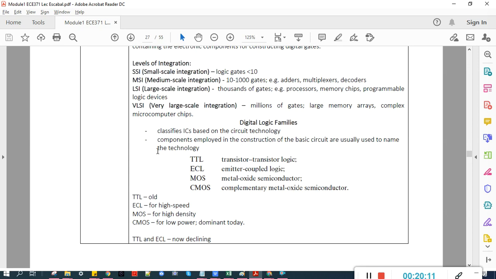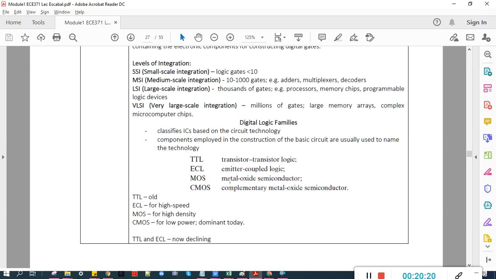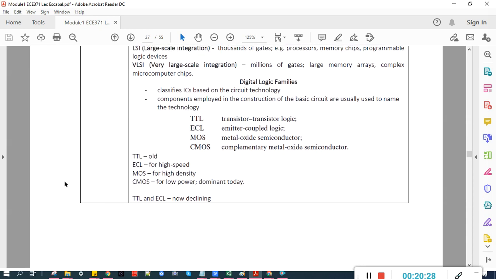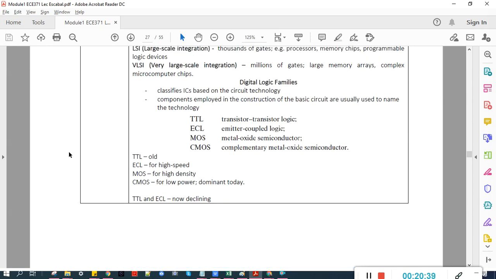Examples of the digital logic families are TTL, or transistor-transistor logic, ECL, or emitter-coupled logic, MOS, or metal oxide semiconductor, and CMOS, or complementary metal oxide semiconductor. CMOS is the one that is commonly used in making ICs, whether digital or analog.